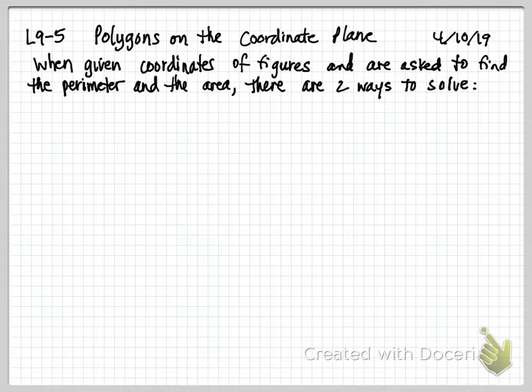Okay, so first way is we're going to draw it and count. Since we're on graph paper, that is a necessity. So this way demands we must have real graph paper.